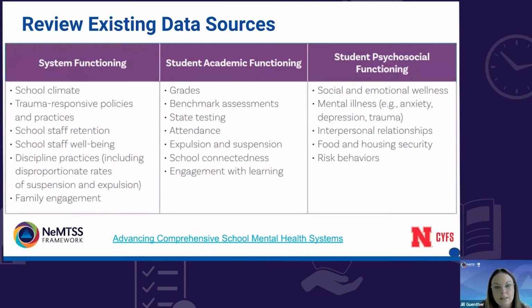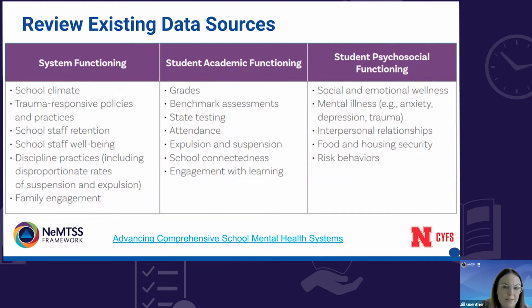The second step to ensure screening success is to really review existing data sources. Think about what types of data would be helpful to know, pieces of data that will help inform your areas of concern, your unmet needs, things like that.